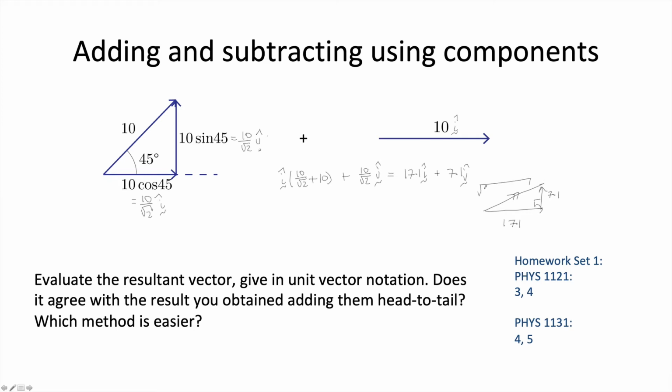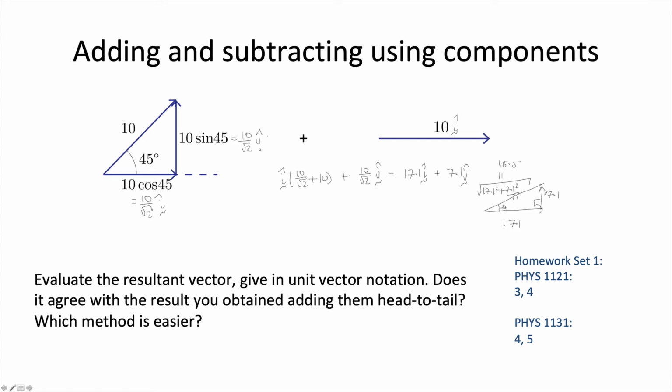So this is the square root of 17.1 squared plus 7.1 squared, and evaluating that, we end up with 18.5, which is the same as what we got as the magnitude of the vector when we added them that first way, head to tail. Now we should also check the angle, so let's calculate this theta.